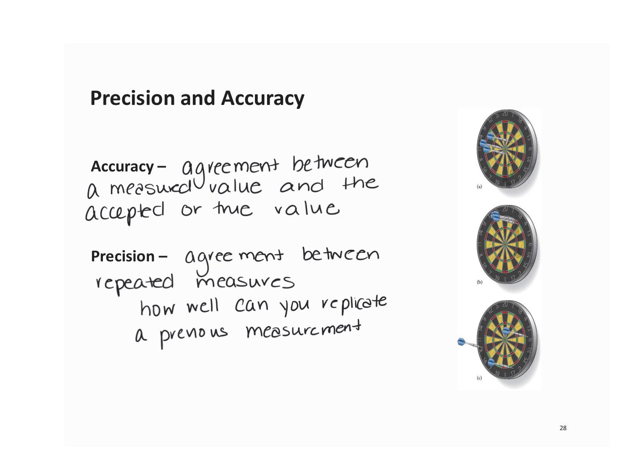So, for example, if we look here, right, we see that these get pretty close to the bullseye, right? So we may say, okay, hey, look, those guys are accurate, right? And you're pretty precise. They're pretty close to each other.